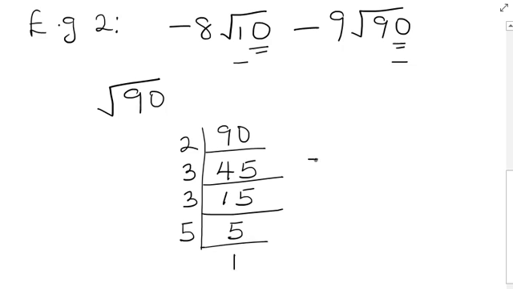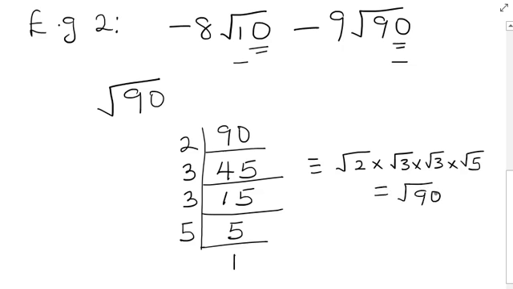So let's rewrite what we have here. What we have is telling us that root 2 multiplied by root 3 multiplied by root 3 multiplied by root 5 equals root 90. So here, when you multiply root 3 and root 3 together, that will give you 3.